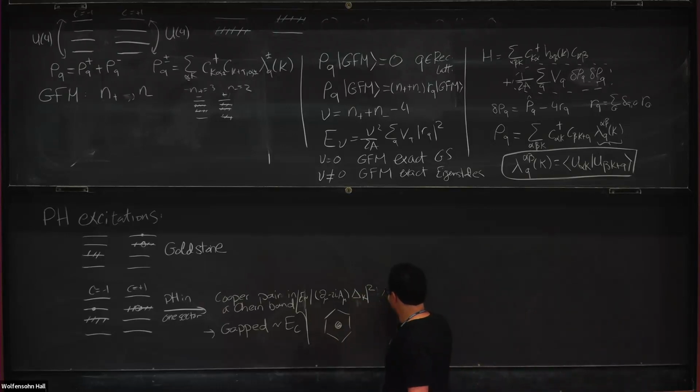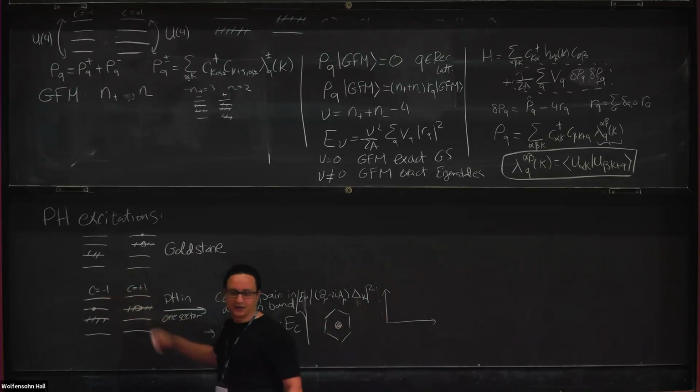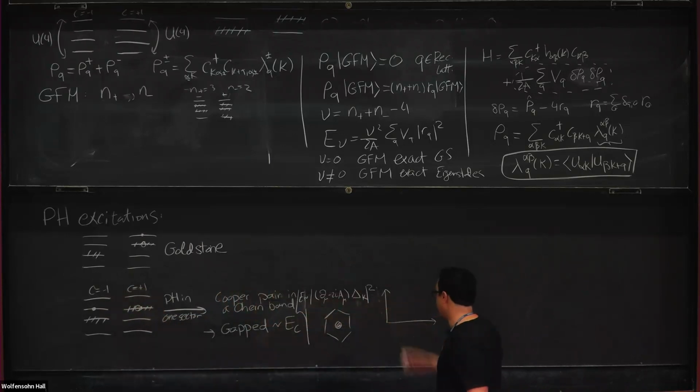And you can actually verify this numerically, because we can solve this exactly. We can plot the gap of these excitations as we make the Berry curvature more non-uniform, more concentrated.